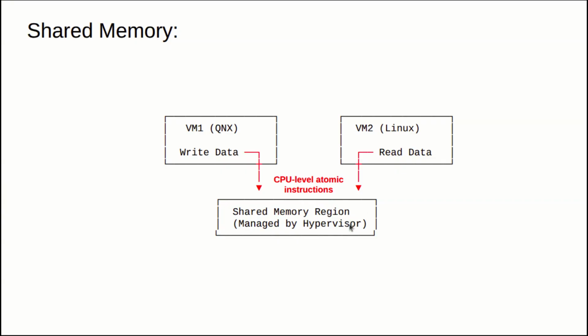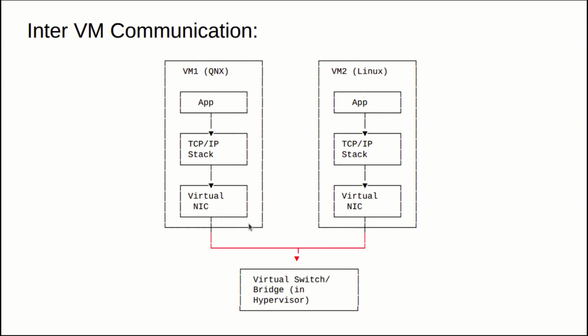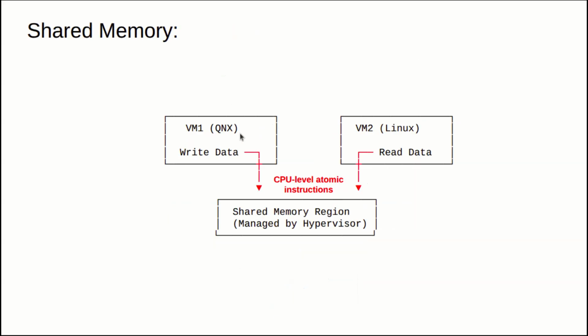Okay, so previously we didn't have this particular problem because we are speaking over a protocol, and the protocol is the same irrespective of what operating system you are running on. But that is not the case when it comes to shared memory. Okay, that is where the hypervisor provides you the CPU level abstractions, CPU level instructions, so that you can handle these kinds of edge cases also, the IPC mechanisms like message queues, shared memory, etc. Okay, so this is one of the core features, I would say.